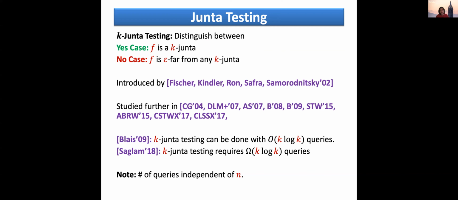Remember, f is a function from n bits to 1 bit, and we're trying to test whether or not it's a k-Junta. n could be astronomically large, and k could be some constant. And what this result tells us is that we can test whether or not f is a k-Junta with a constant number of queries if k is constant.